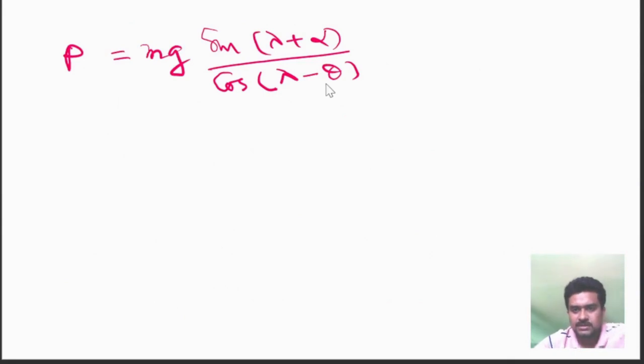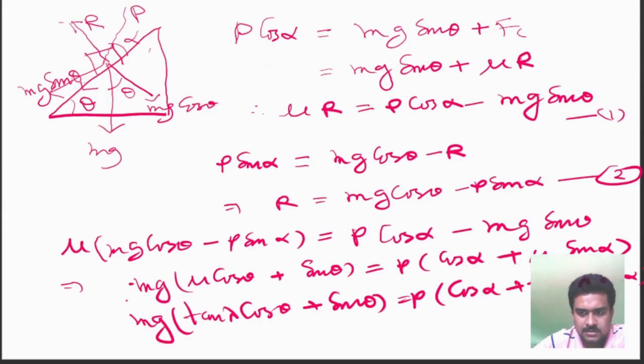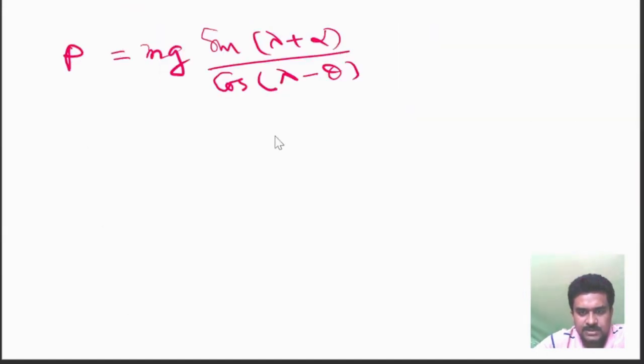So this is again lambda plus theta here, it is theta, and this is alpha minus lambda.